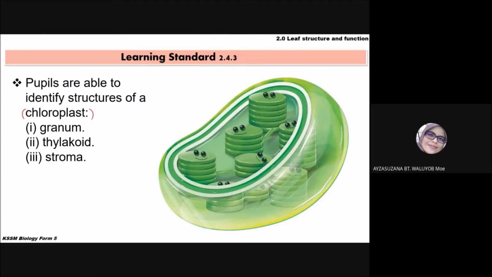Okay, this is the stroma. The area dalam ni, ini adalah stroma. Satu keping macam one keping duit shilling ni, kita namakan dia sebagai thylakoid. Okay, the arrangement of the thylakoid is known as granum. Okay, so make sure you tahulah the structure of the chloroplast.